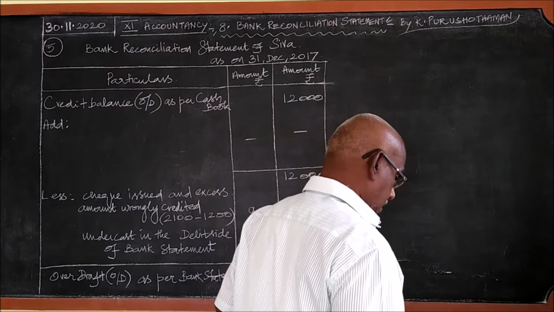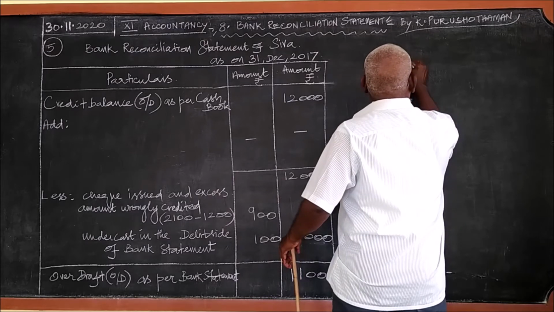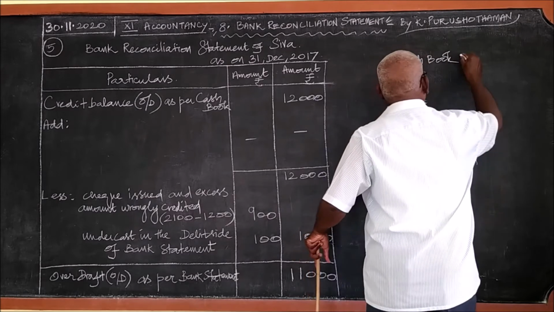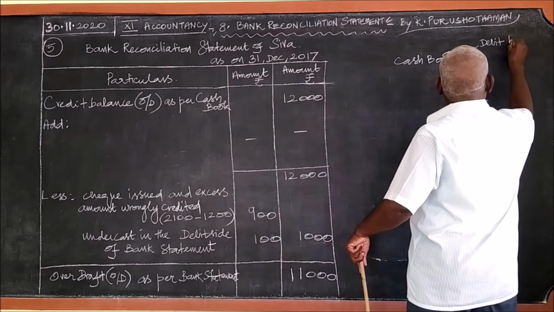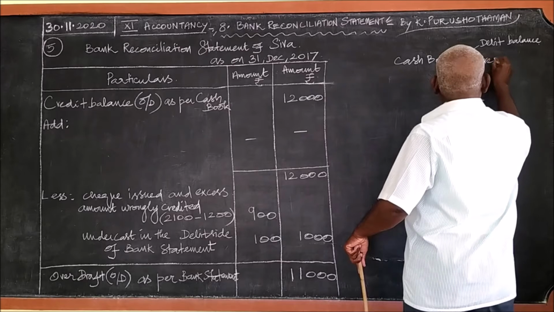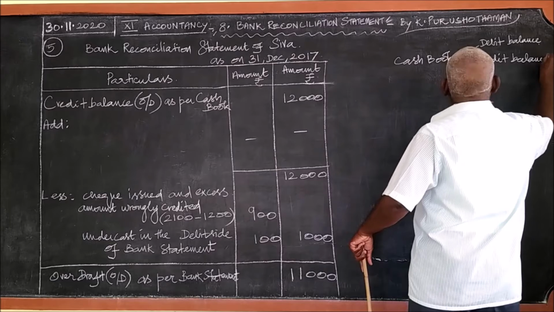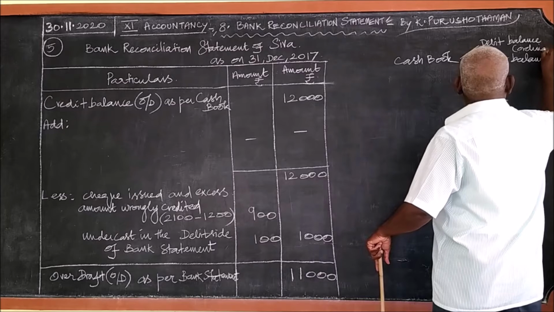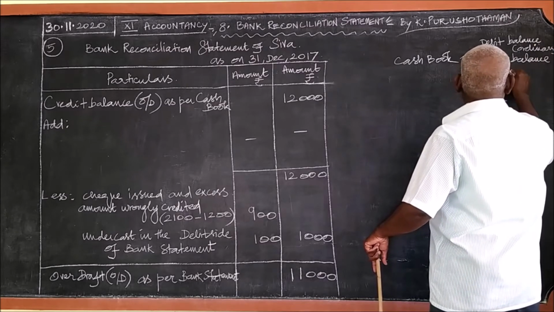Usually, what happens in the cash book? Debit balance is the ordinary balance. Credit balance is overdraft.